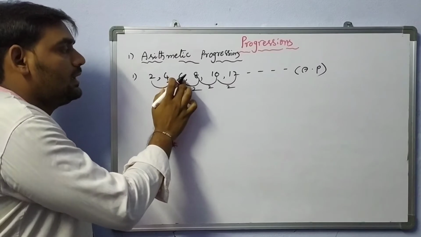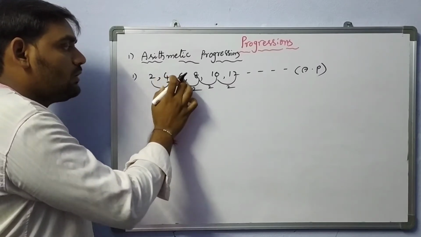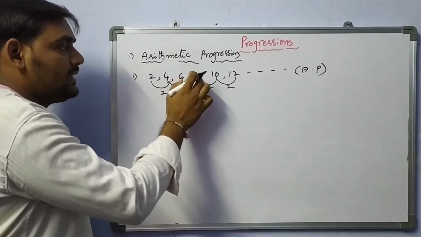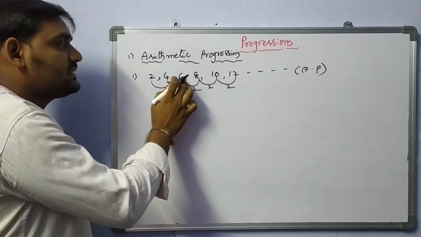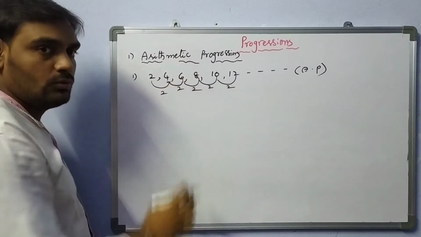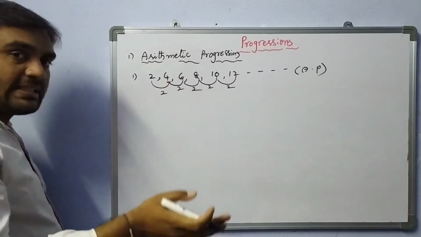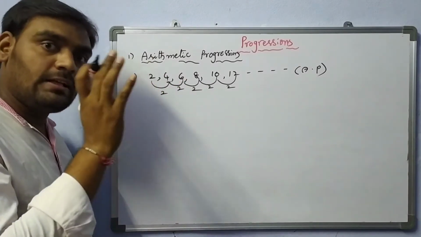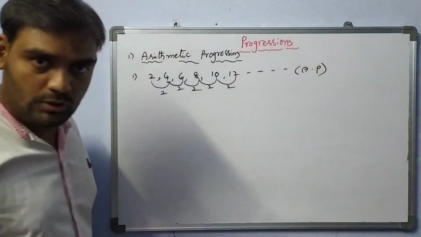The next term is 6. What is the preceding term of 6? 4. So what is the difference here? 2. Next take a term, that is 8. What is the preceding term of 8? 6. What is the difference here? 2. See here, each and every term with its previous term has a difference of 2, except the first one. So it is called an arithmetic progression.